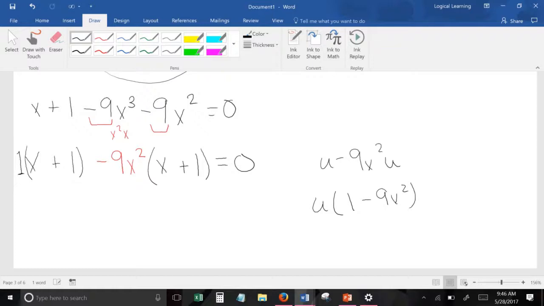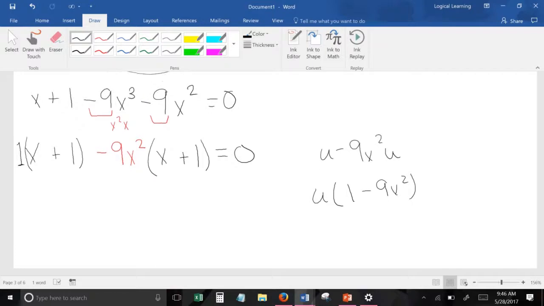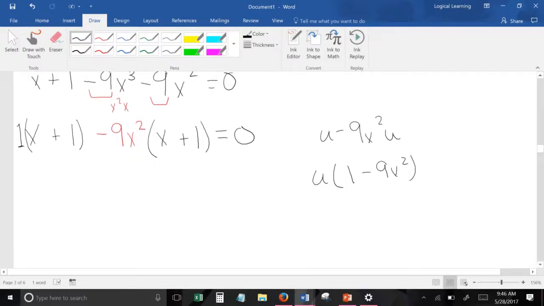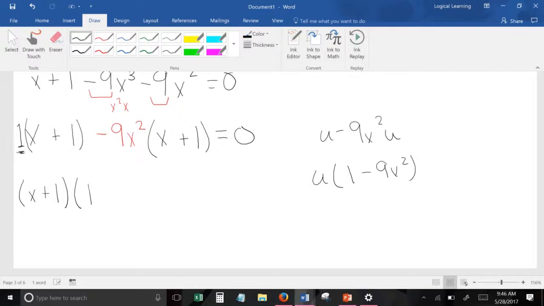So while it's a quantity and it seems a little bit more complicated, because both of our terms are multiplied by x plus 1, we can take out that entire quantity x plus 1, and we're left here with this coefficient, which is 1, and this coefficient, which is minus 9x squared. And I encourage you also, you can FOIL this out to make sure that you do come up with the equation that we had above, to convince yourself and to see how we can take out quantities like this.